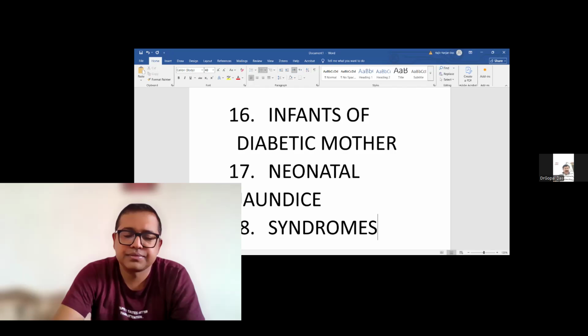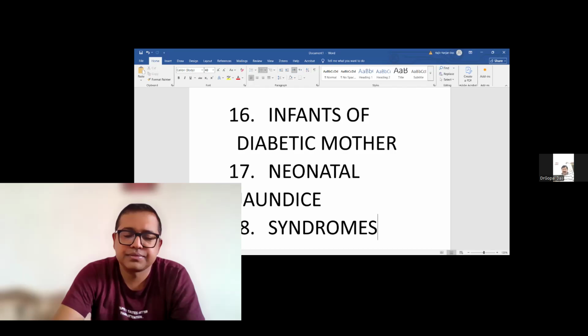Because wherever there is unconjugation, there is more chance of kernicterus. So mortality due to kernicterus in Crigler-Najjar syndrome type 1 is very high because there is 0% conjugation. But in Crigler-Najjar syndrome type 2, there is no kernicterus. These 2 points are important.